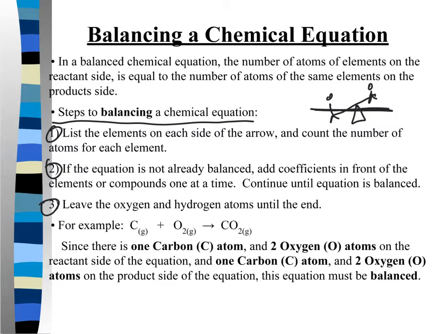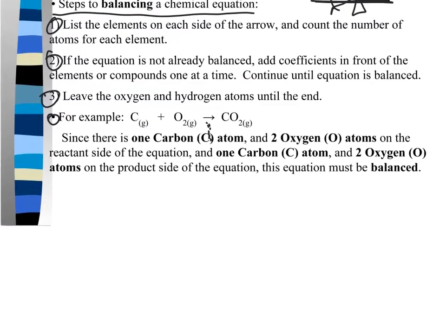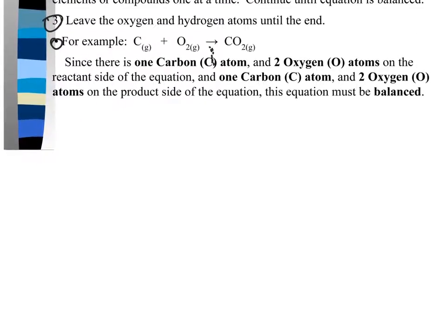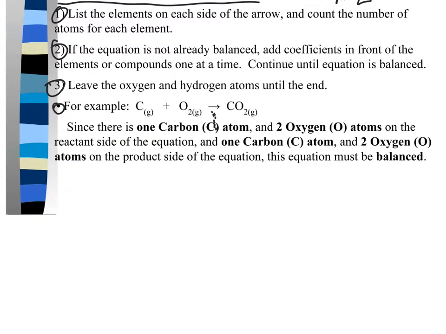So for example here, first step, list the elements on each side of the arrow and count the number. So what I suggest you do is you draw a little line here. Let's move our slide here. So we have, see our steps.